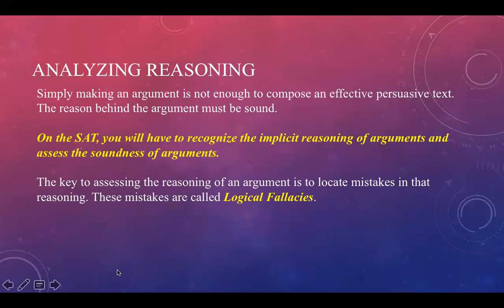These mistakes are called logical fallacies. So I'm going to say that again. The key to assessing the reasoning of an argument is to locate the mistakes in the reasoning. You're looking for errors. You're looking for holes in their presentation. And you would point that out as being a fallacy.